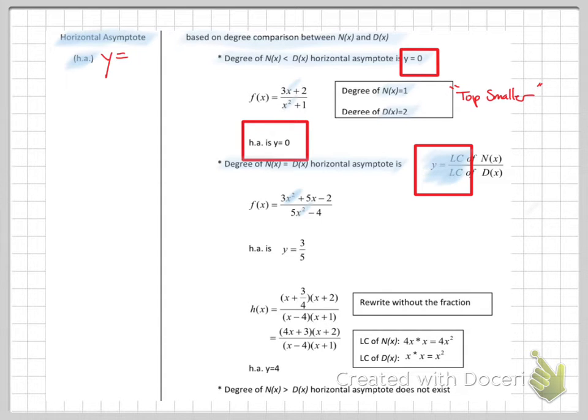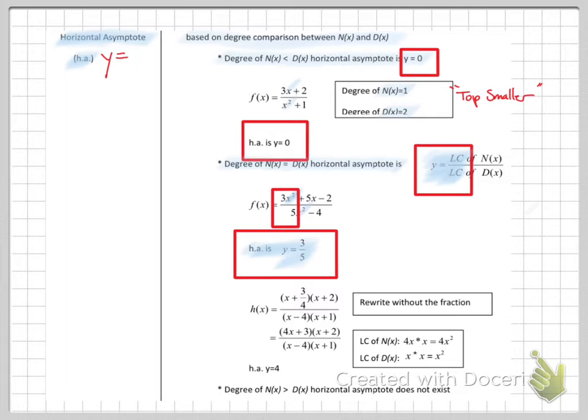So the degrees match. So, assuming they're in standard form like this one, you grab the leading coefficients, 3 over 5, and the horizontal asymptote is y equals 3 over 5. And that's because if you think about limits, the top and the bottom are going at the same rate, and the rate is 3 over 5.